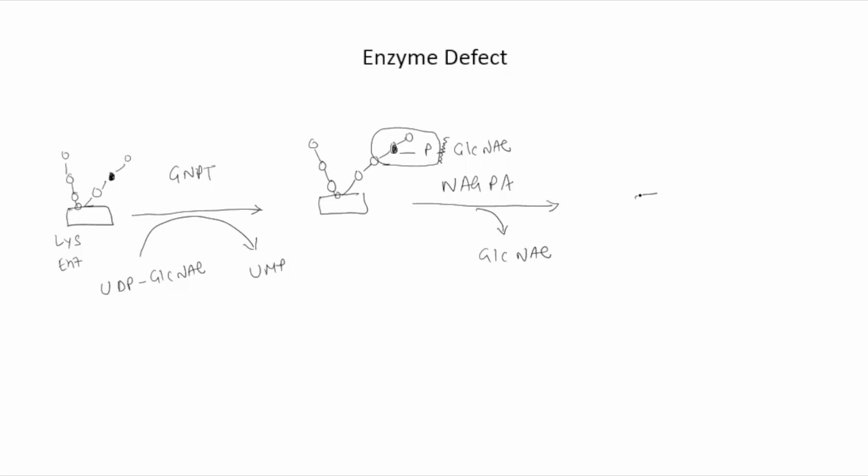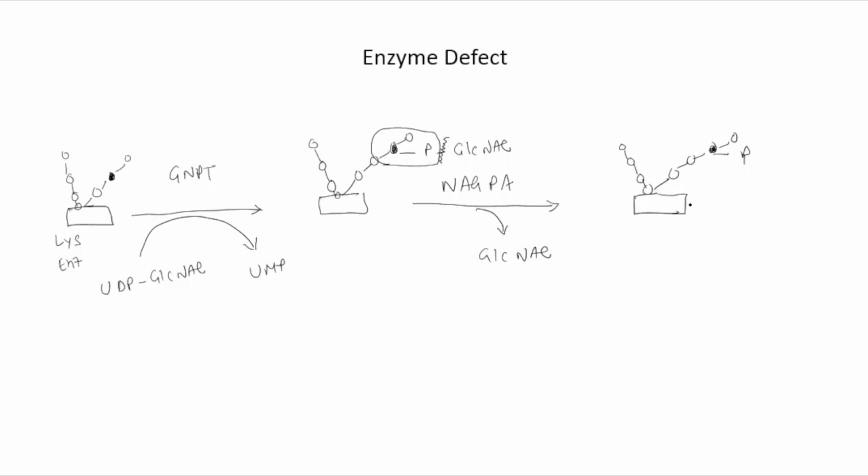Now what do we get? We get a product where mannose 6-phosphate is attached to the specific mannose residue.